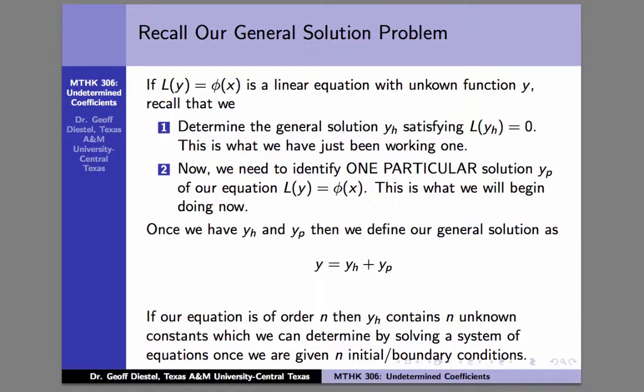If our equation is of order n, then y sub h contains n unknown constants, which we can determine by solving a system of equations once we're given those n initial or boundary conditions.